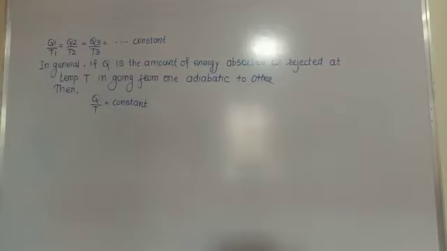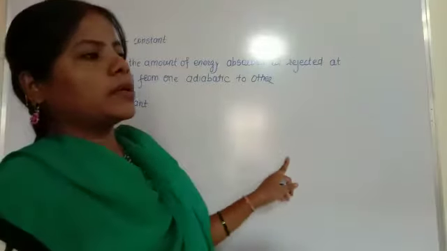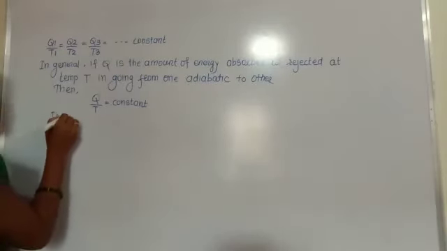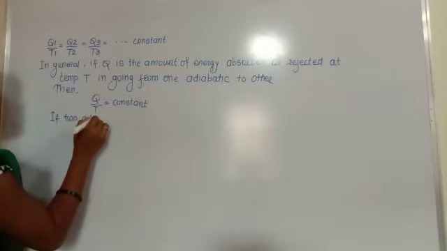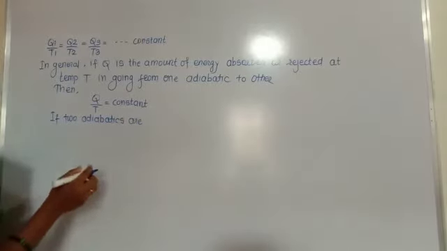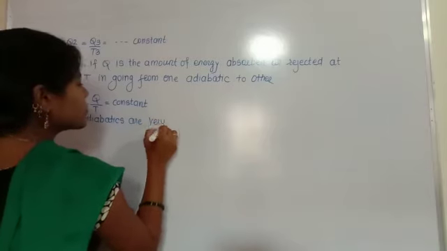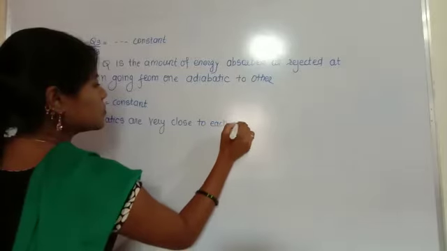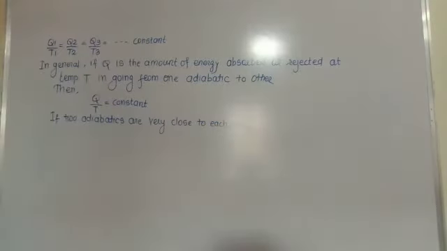Okay, here is one concept. Here we draw three isothermals and two adiabatics. Next, if two adiabatics are very close to each other, then in that case, del Q is the small quantity of heat absorbed at constant temperature T in going from one adiabatic to another.